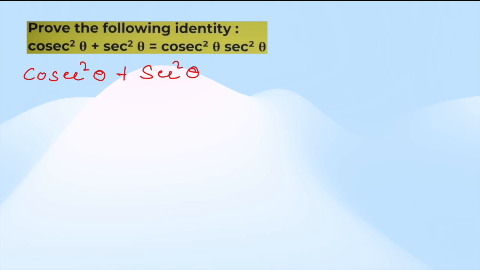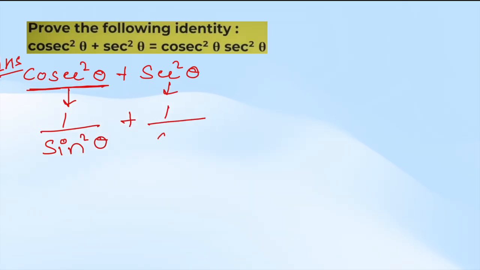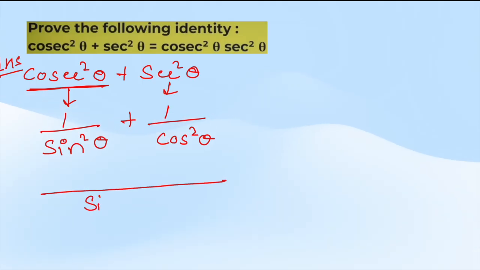And this is my LHS, right? Cosec square theta is how much? Very good, 1 by sine square theta. Similarly, sec square theta is how much? 1 by cos square theta. If I take the LCM, it will be sine square theta, cos square theta.